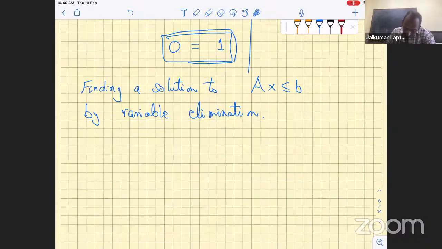So how does this work? Well, look at the first variable.